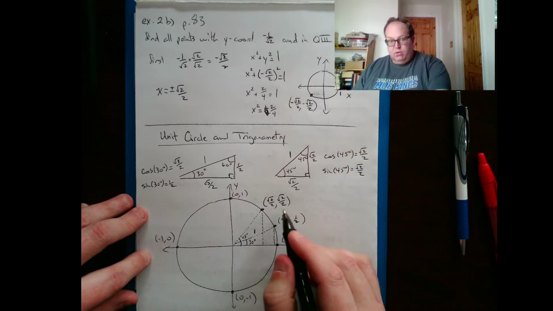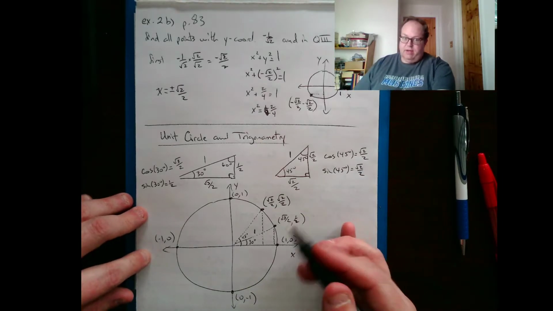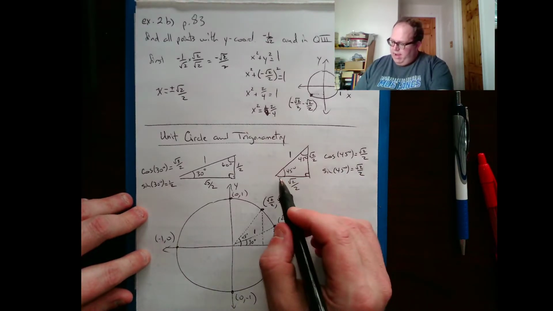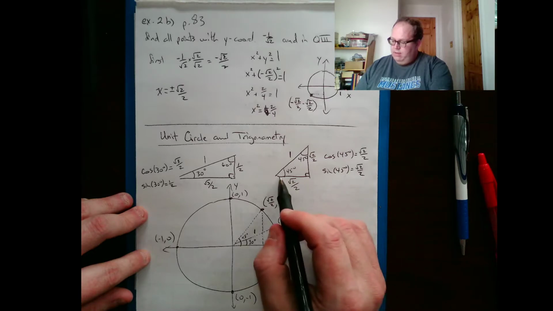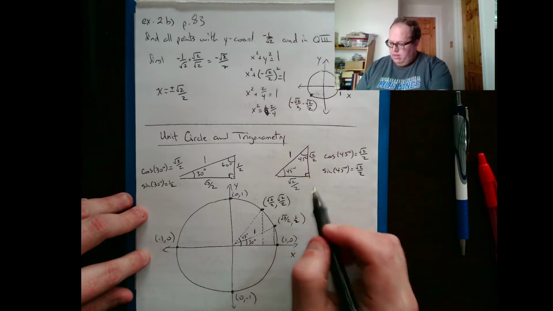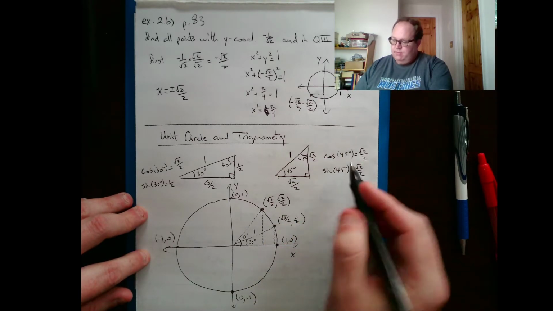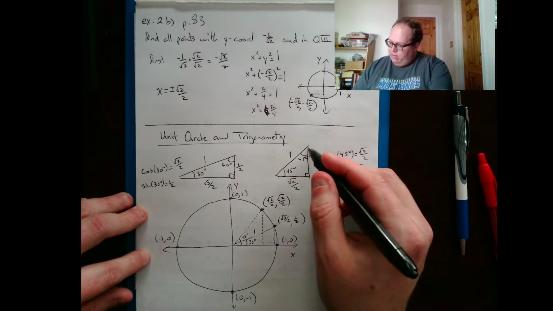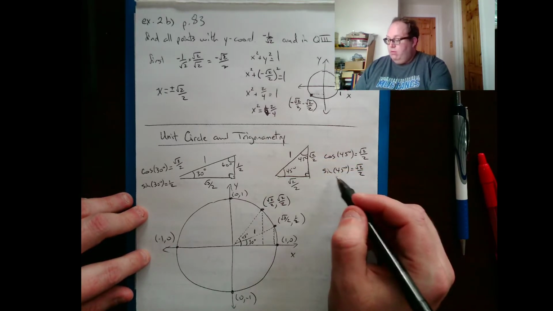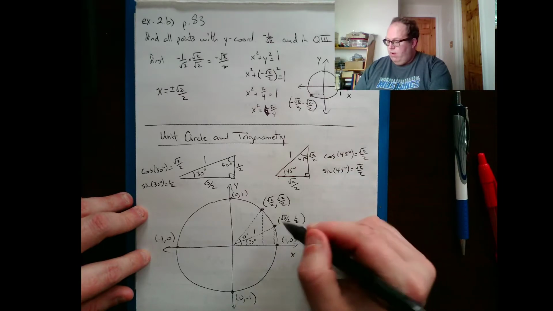The same two coordinates there. In fact, that's always going to be the case if I can get a special triangle in here. My x coordinate will be this side of the triangle, but it'll also be the cosine of the angle. Similarly, my sine value will always be this side of the triangle, which will be the y coordinate of this point.